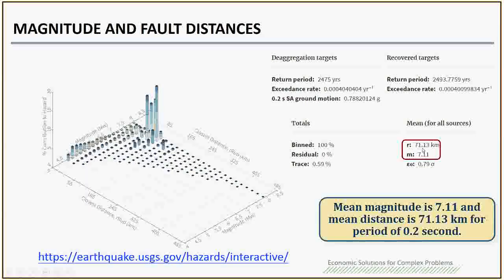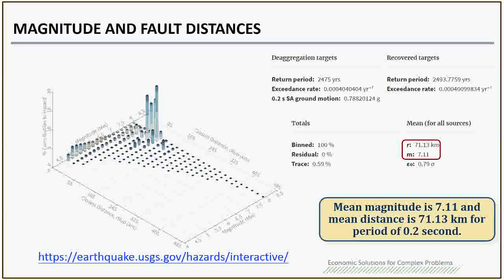For this case, it's 71.13 kilometers. So basically, if you go to USGS, click this link, and type in your project location, it will automatically do the deaggregation analysis for you.